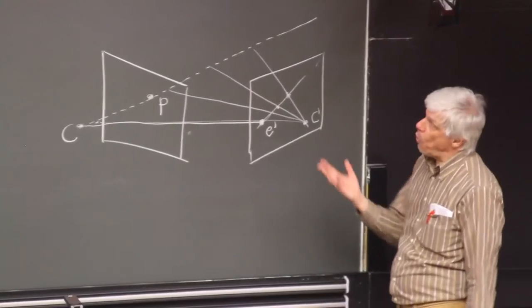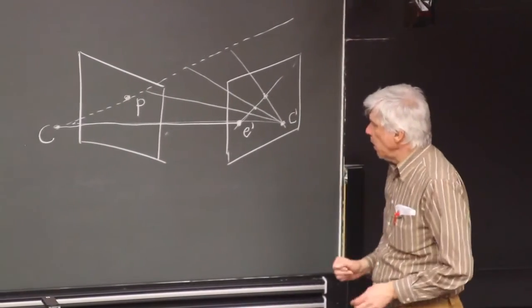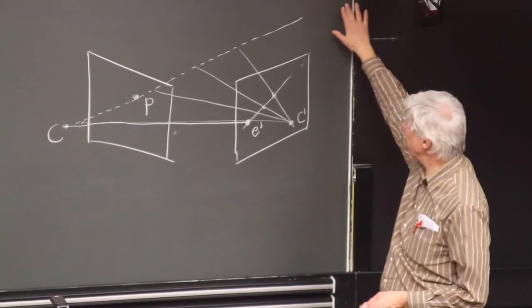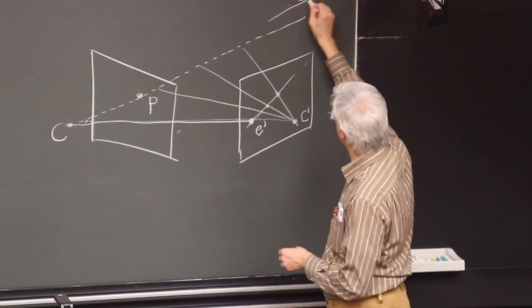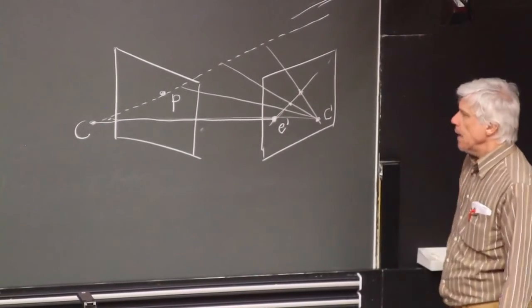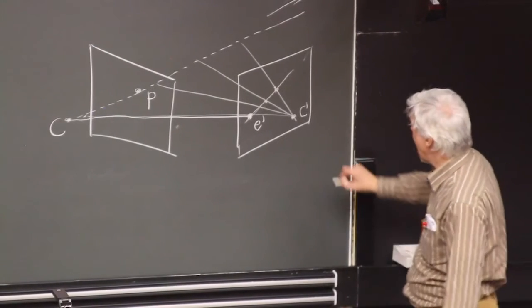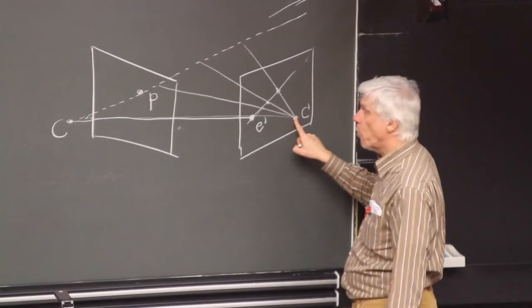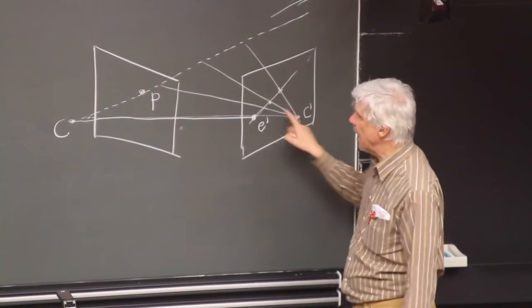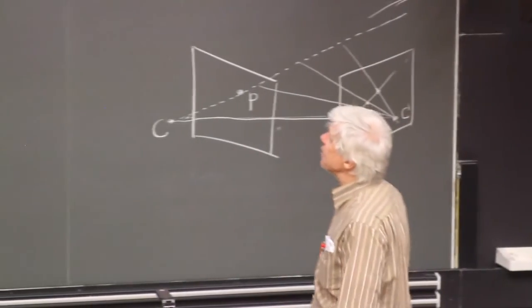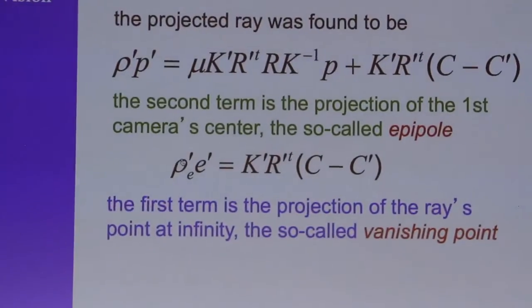Now, what is the other point? What's the first term? Well, we have to move out the point to infinity along that ray. Go out more and more and see how that projection evolves. And in the limit, we will have, in fact, a line starting from C prime and parallel to that image plane. And that line has this direction Rk minus 1p.